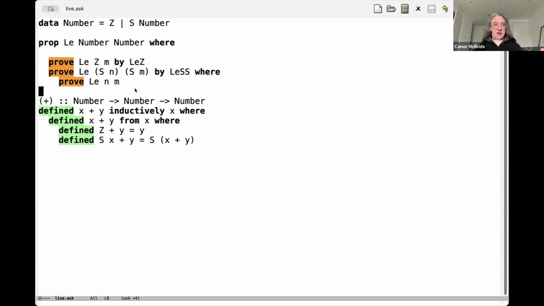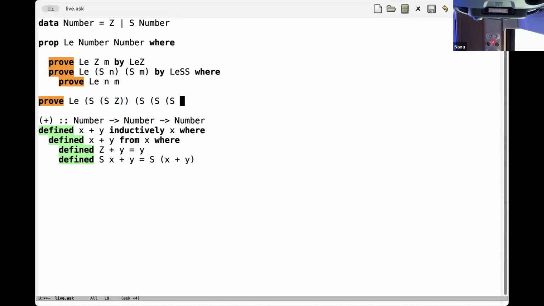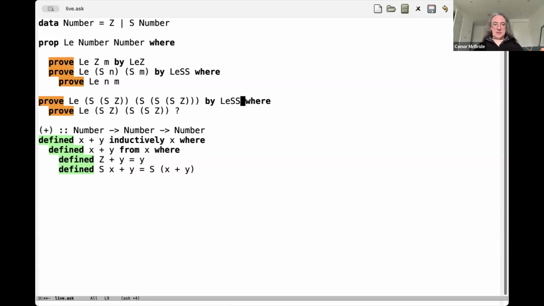So I suppose I'll just do an example, prove that 2 is less than or equal to 3. Right. So we've got two spuds, so I'd better choose less.